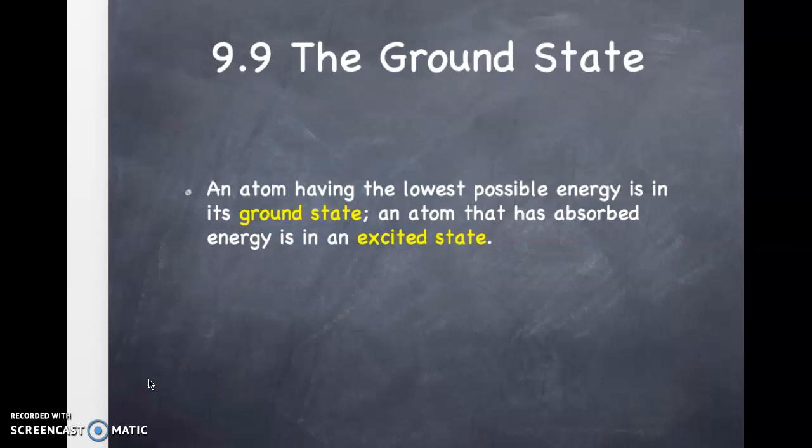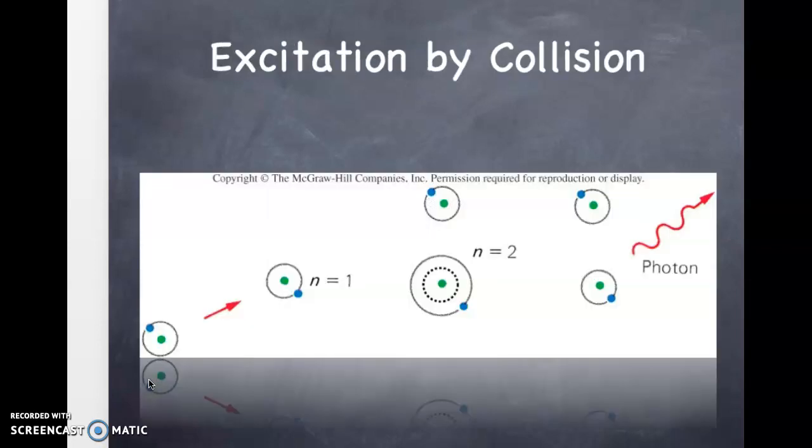An atom having the lowest possible energy is in its ground state. An atom that has absorbed energy is in an excited state. Here, a rendition. This atom is thought to be in the n equals 1 state.